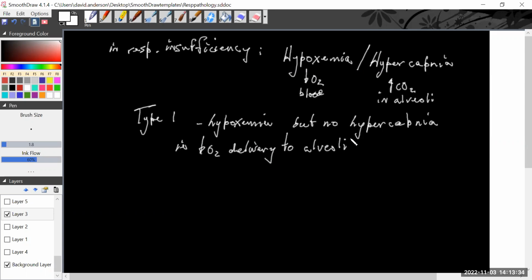So the best examples of where that might happen would be in altitude. In altitude, that oxygen content, we said in a normal sort of North American airflow, if we're not up in the mountains, we've got almost 160, partial pressure of about 160. But in altitude, that number goes down quite a bit.